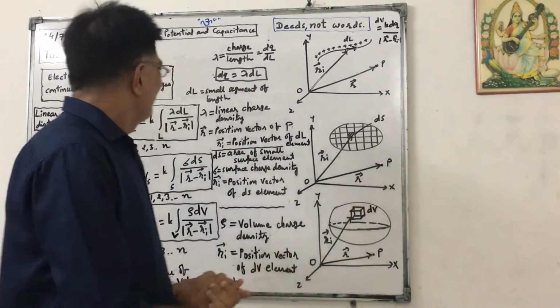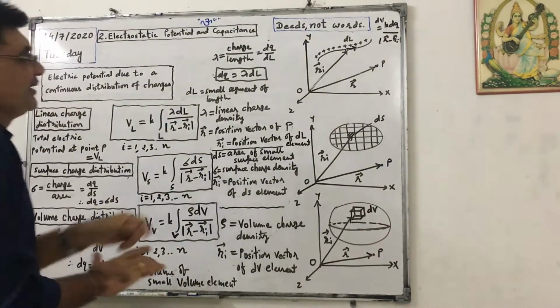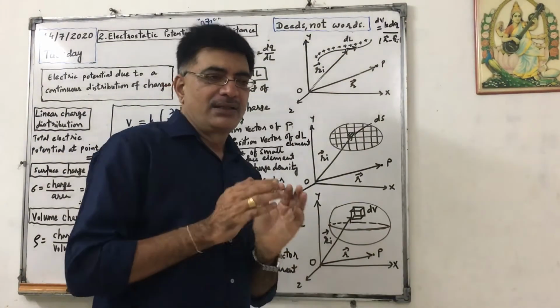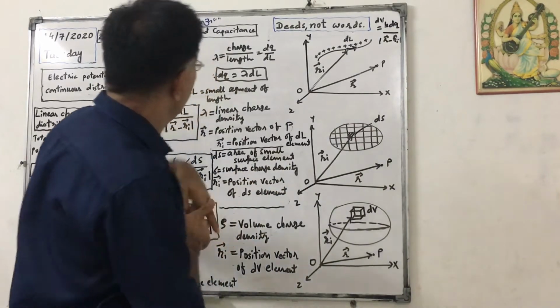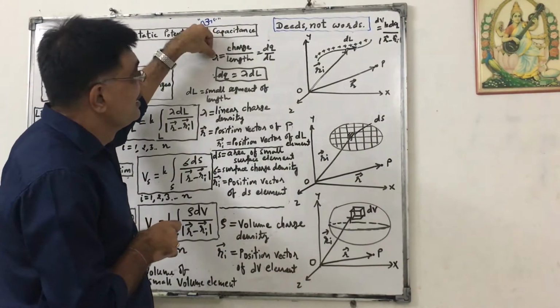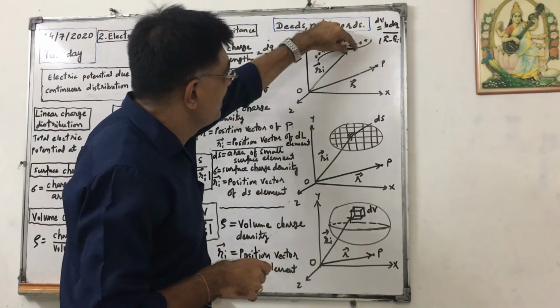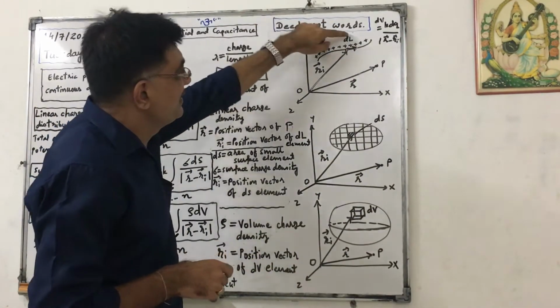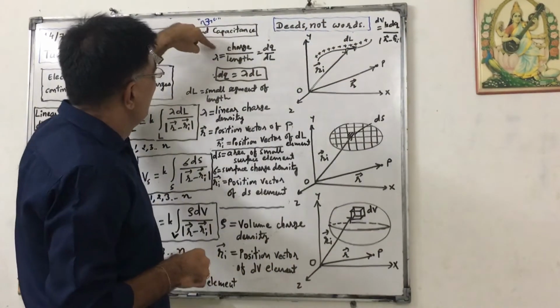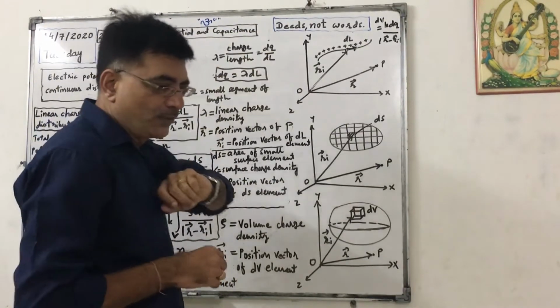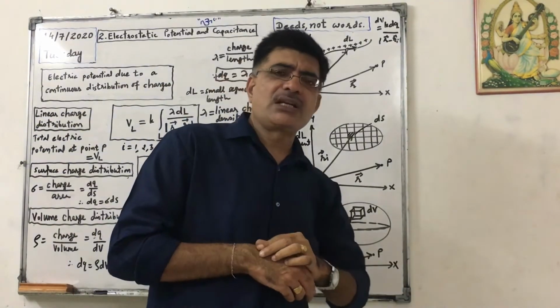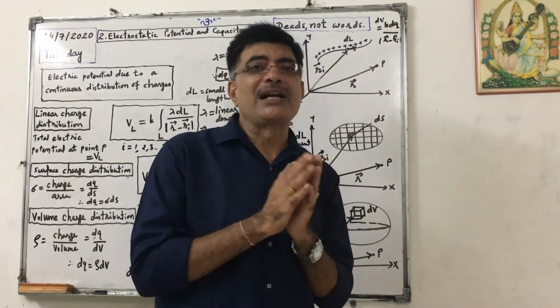Now we have to define linear charge density. Linear charge density means charge upon length, that is lambda. Suppose charge in this length is dq and length is dl, so lambda equals dq by dl. So I can say dq equals lambda dl. We know that for electrostatic potential, V equals kq by r.